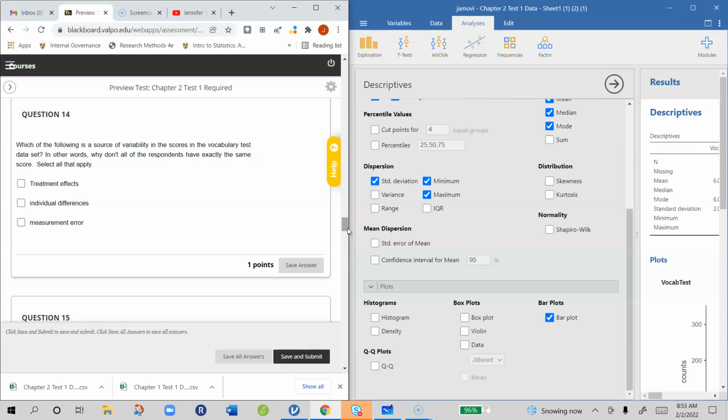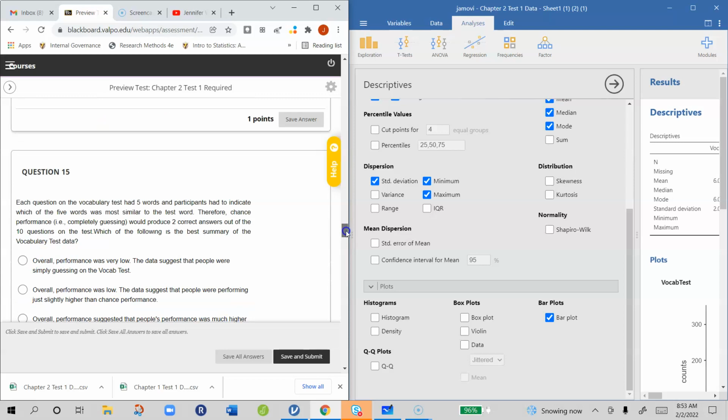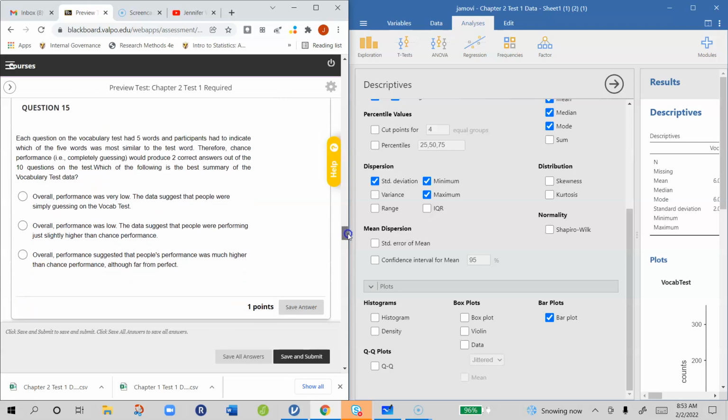Next, we have individual differences. People just have different levels of knowledge or interest or motivation to do this test of vocabulary knowledge. There are no treatment effects because there was no treatment in the study, right? We didn't give different treatments to different groups of people and see how that affected their vocabulary scores. So in this case, it's just individual differences and measurement error contributing to the variability.